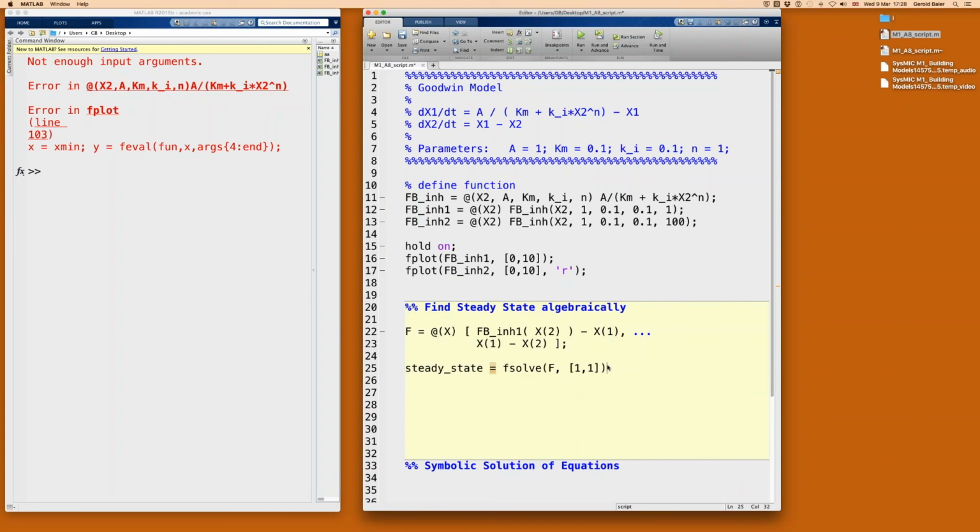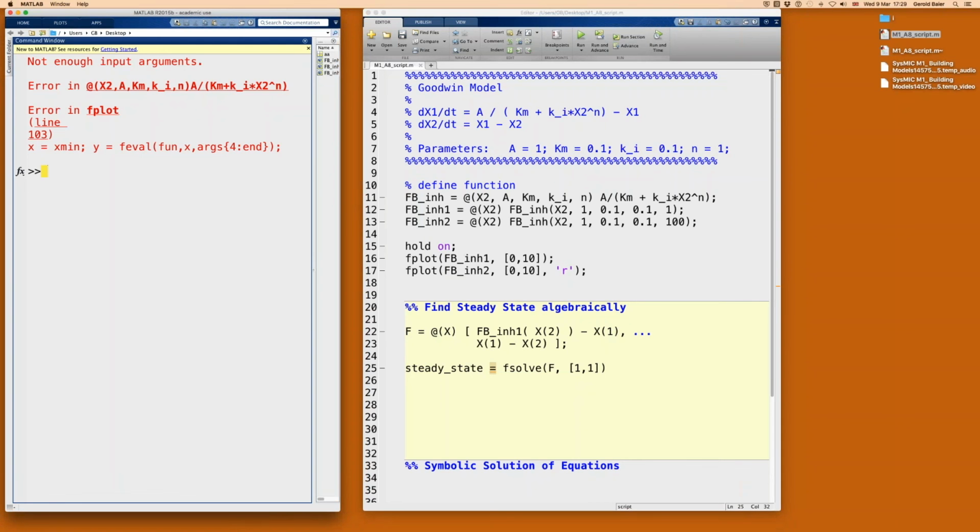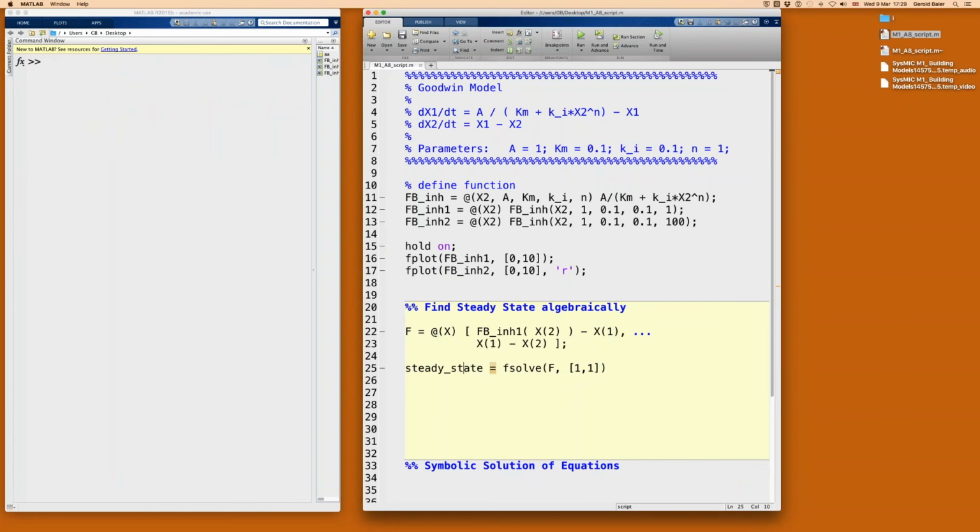For an initial guess, it's basically arbitrary in the first place. If we were confident there's a unique steady state, we could take any values, but as we can't really be confident, we just have to take something and then see whether these are good values. The only thing to keep in mind is that negative numbers wouldn't make a lot of sense because it would imply negative concentrations. So let's run this and see what happens.